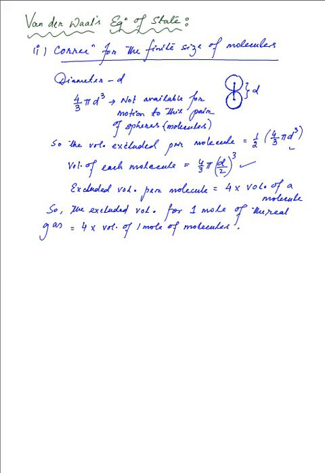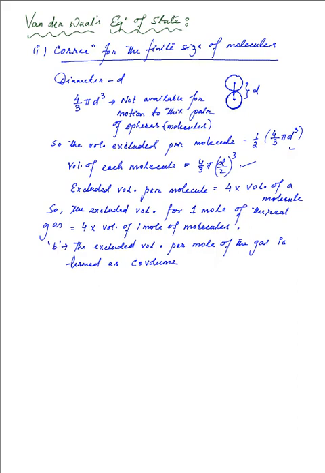This excluded volume per mole of the gas is termed as co-volume, and this is usually represented by the symbol b.